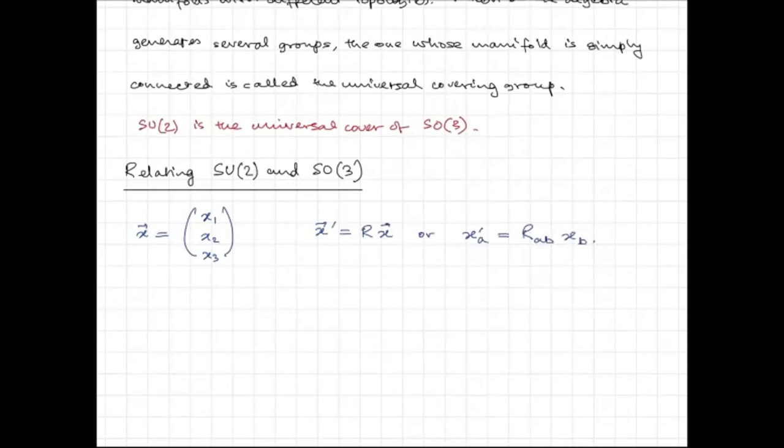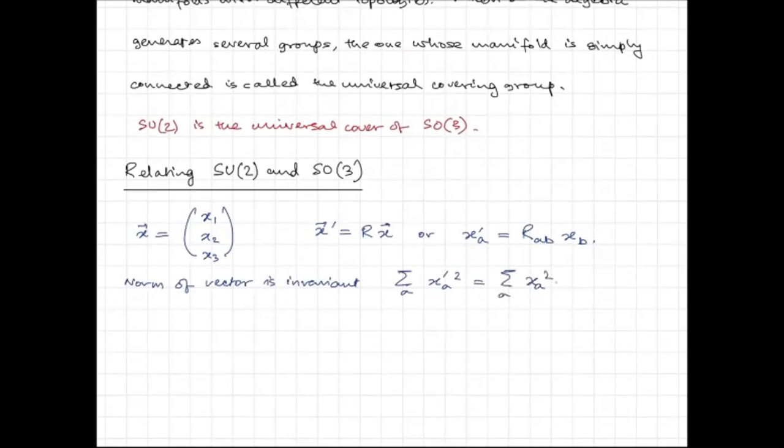So this leaves the norm of the vector invariant. That is, the summation over a of x primed a squared is equal to the summation over a of xa squared.